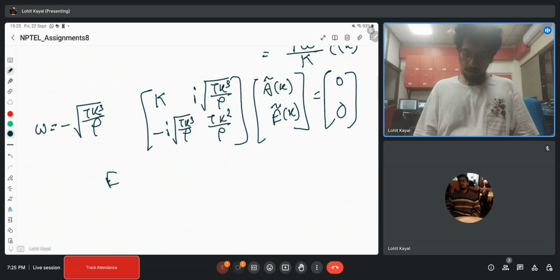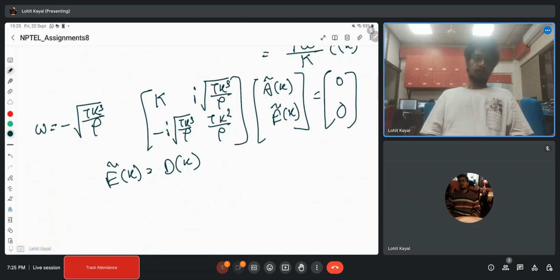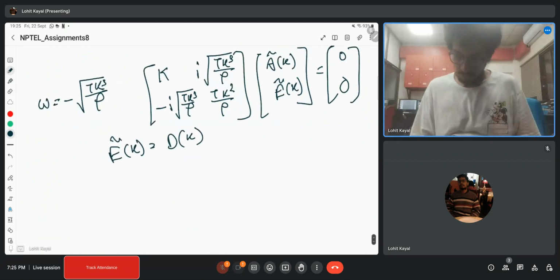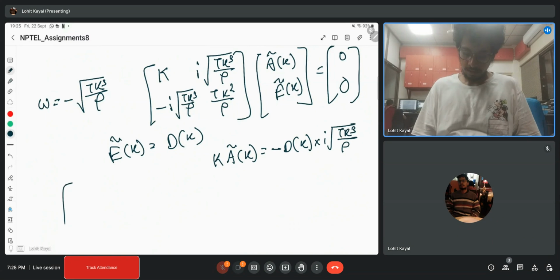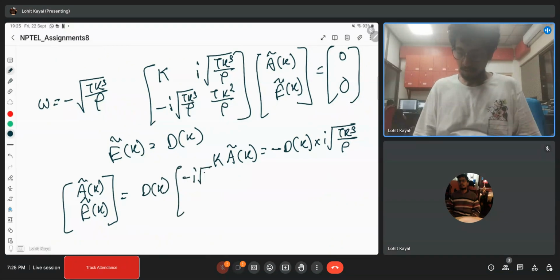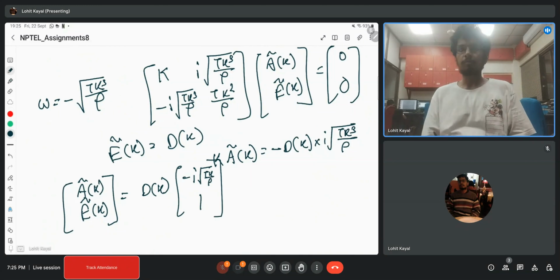Here let us assume e tilde k is equal to some constant b of k. You will find that k of a tilde k is equal to minus b k into i square root of Tk cubed by rho. And if we consider a tilde k equal to this constant b k outside times minus i square root of Tk by rho and 1, then you can see that both these two equations will be satisfied.